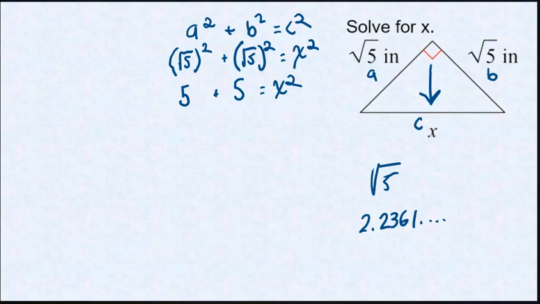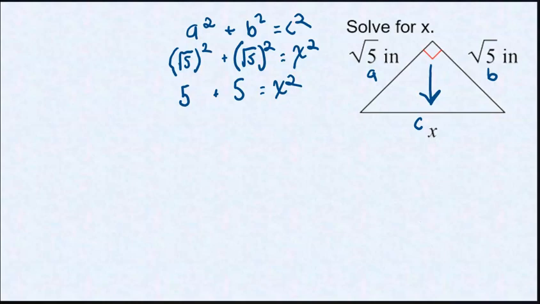The answer is it becomes pretty difficult. So if I were to square 2.2361, I get 5.0001. Where I could avoid that confusion by just handling the root directly.